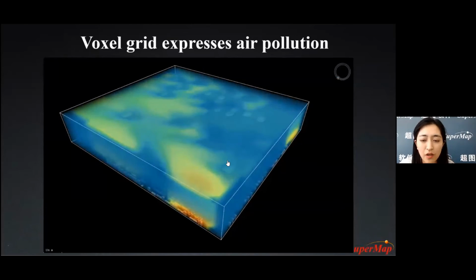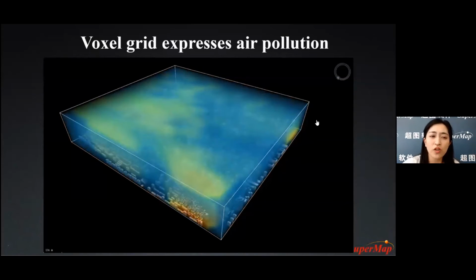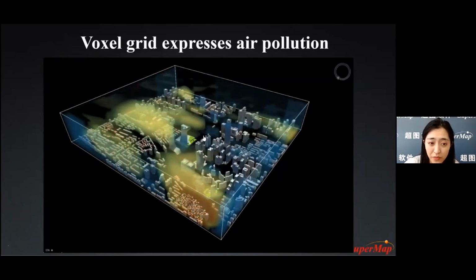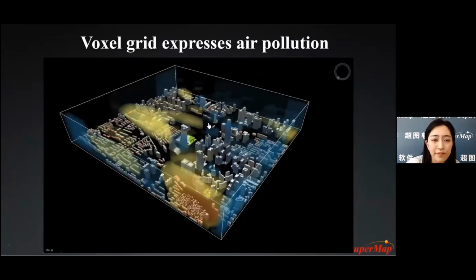And next, the voxel grid to express air pollution. This is also a question in our quiz. So if we want to express air pollution, we could use the voxel grid. Since this voxel grid can set the transparency, we can see the degree of the air pollution.